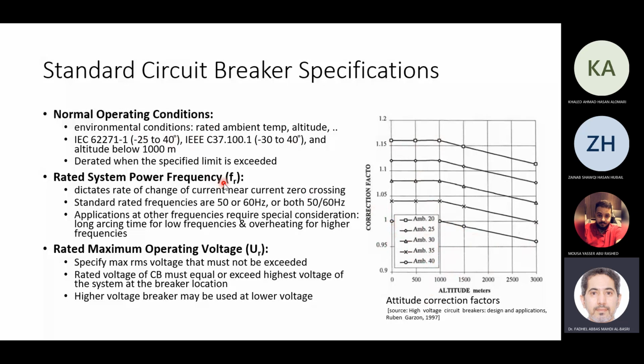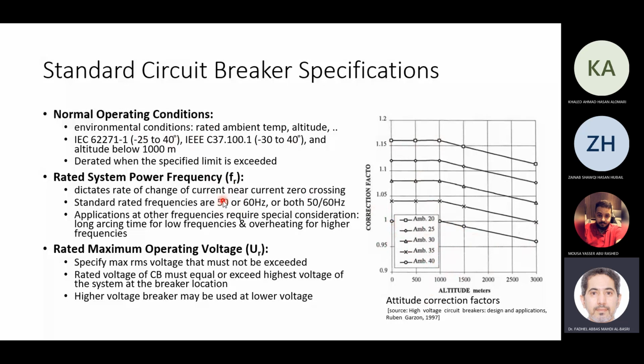This is important because if you use a breaker rated at 60 or 50 hertz in a system at a lower frequency than the rated value, the zero crossings will be slower, with more time between each zero crossing.